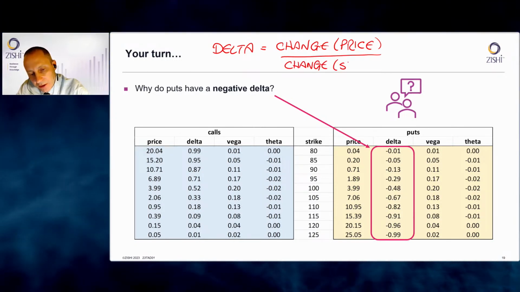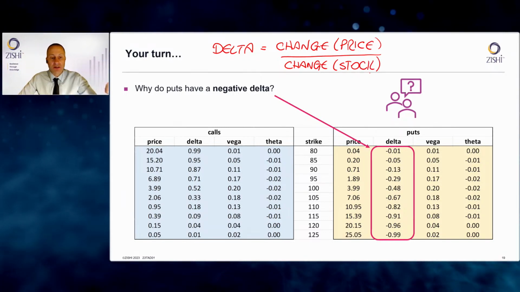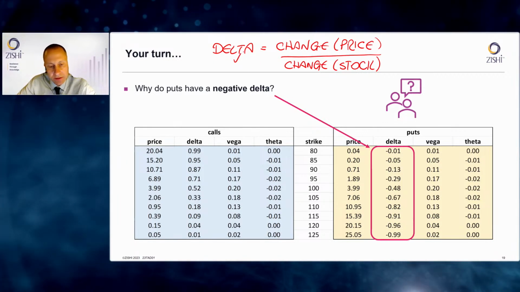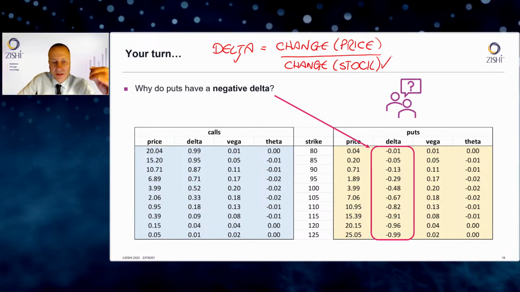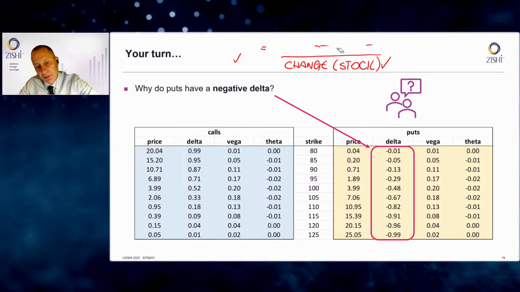So if I can observe how much my price changes for a 1 unit change in the stock, that gives me my delta. If I know what my delta is, and I know what my stock price is, then to get the change in my option price, I just multiply those things together.